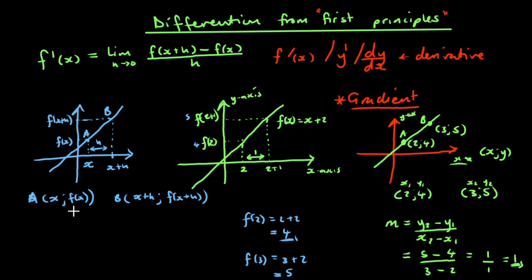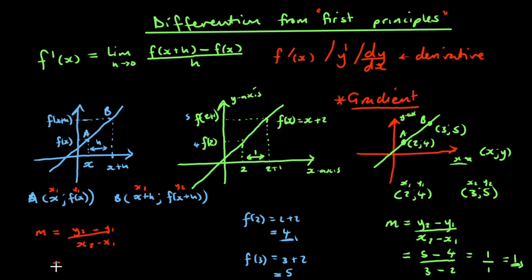Now with this, we already know how to find gradient. We have to make sure that these ones are labeled first. This is my x1, y1. This one is x2, y2. So if I want gradient, gradient will be equal to y2 minus y1 all over x2 minus x1.